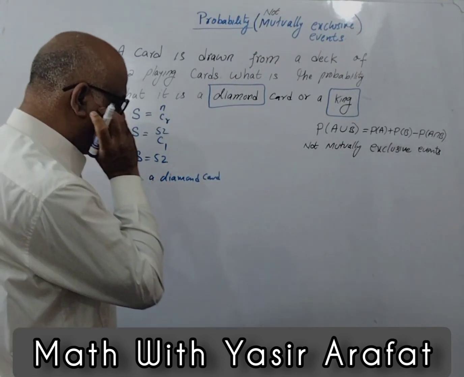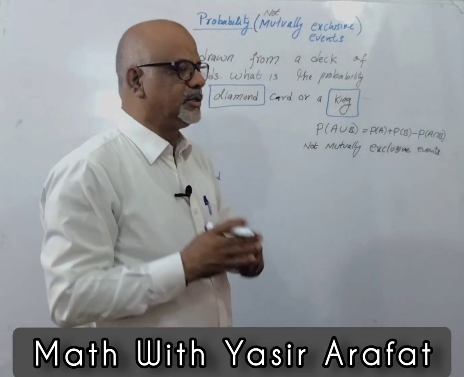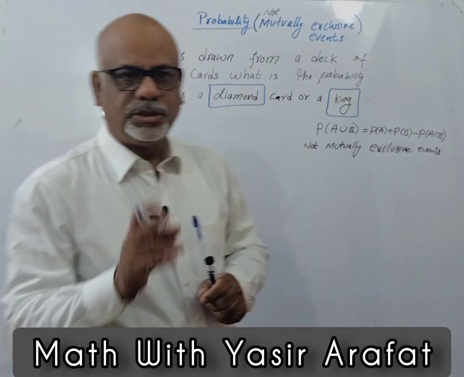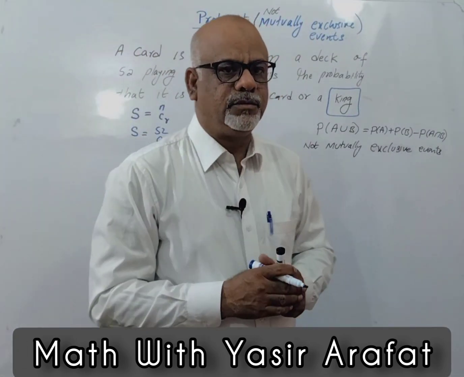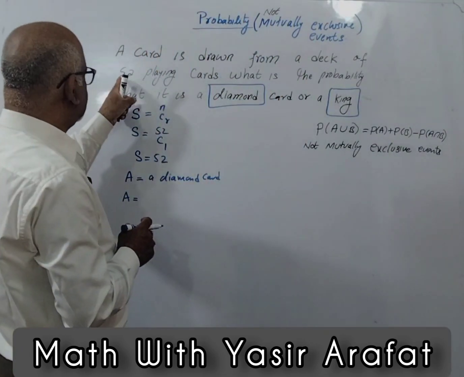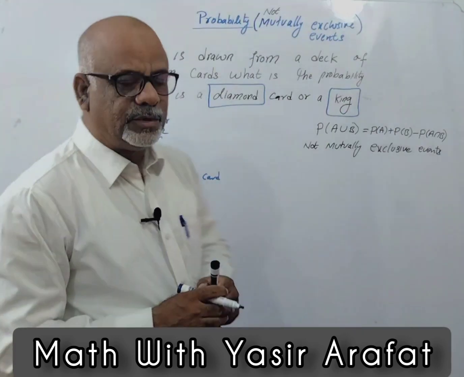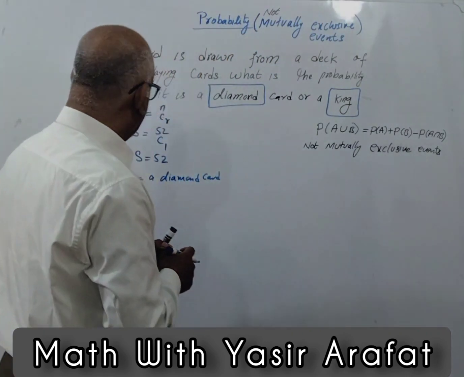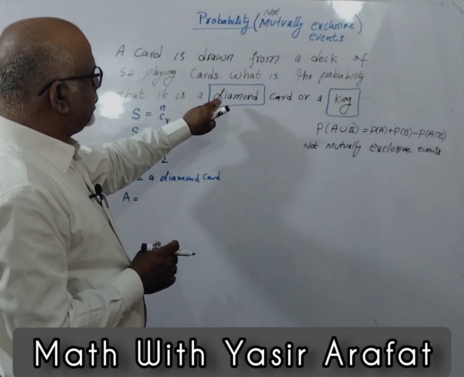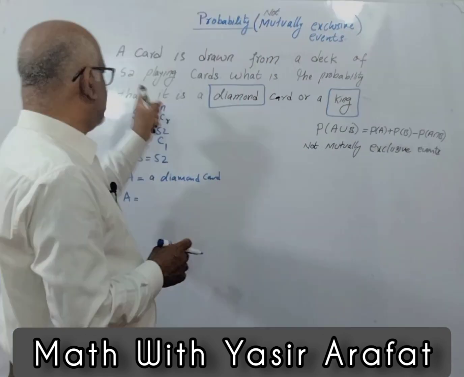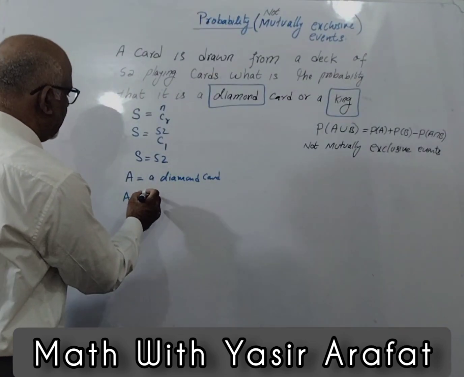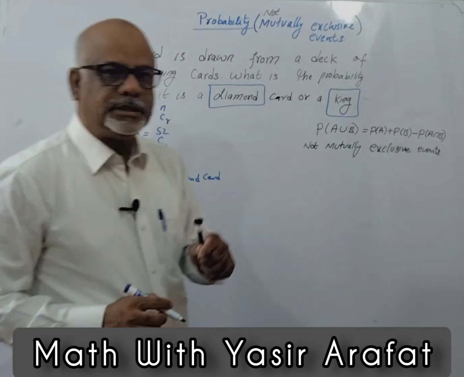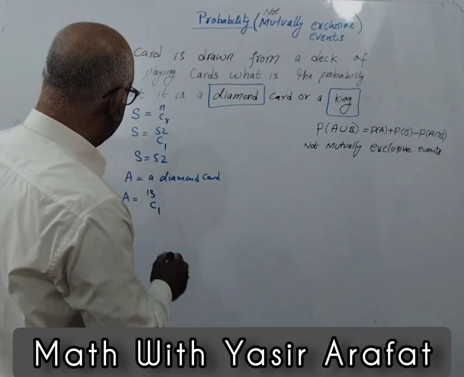We have discussed in my last lecture the distribution of 52 playing cards. So dear students, you must watch that video to understand the distribution of the 52 playing cards and how we have to find out the simple probability there. Well, there are 13 diamond cards from 52 cards, and one card we are going to draw here. So this is 13 combination 1, that is 13.